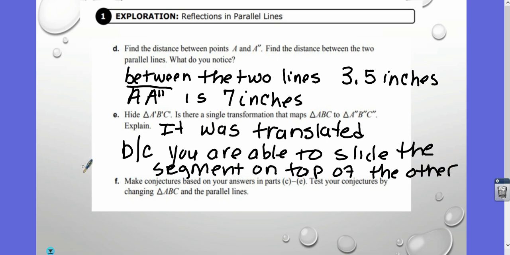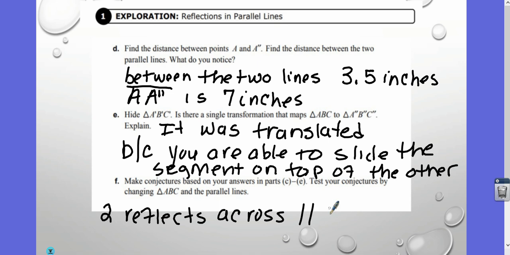Alright, now it says make some conjectures here, and then it says to test it. You could test it on your own, but I'm going to tell you what the conjectures are, and this is what you need to make sure you get: 2 reflections across parallel lines creates a translation.